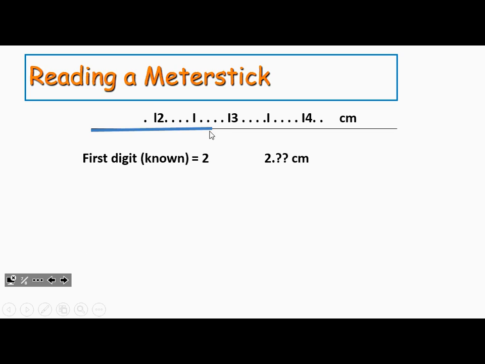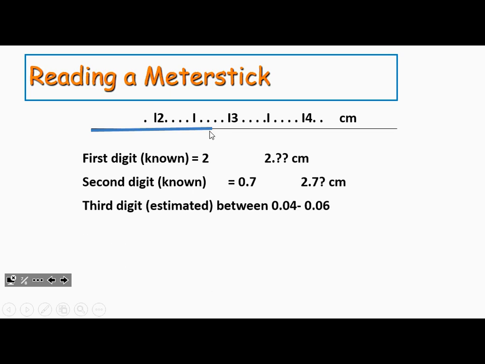I know the first one's a 2. I know the second one's a 0.7. This third one is my unknown digit, and it's somewhere in the middle, so I'm going to call it 2.75. You could have called it 2.74. You could even have called it 2.76. It's ballpark. It is in a certain area.